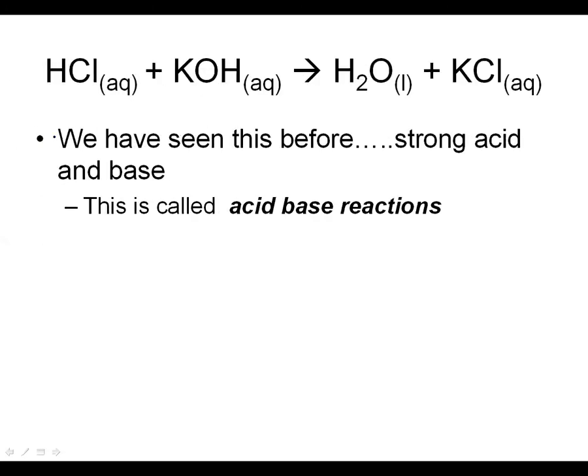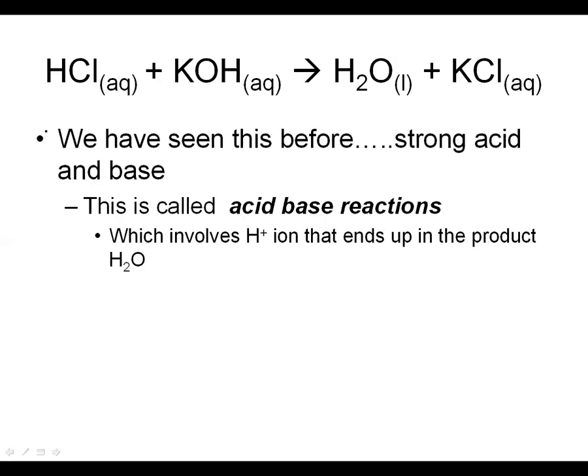Now, this reaction here is a strong acid and strong base. This is hydrochloric acid over here, which is a strong acid. And KOH, which is potassium hydroxide, is a strong base. And whenever you take a strong acid and strong base together, you pretty much get two things.